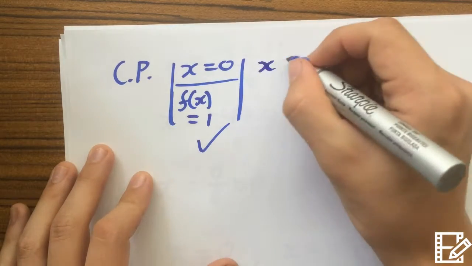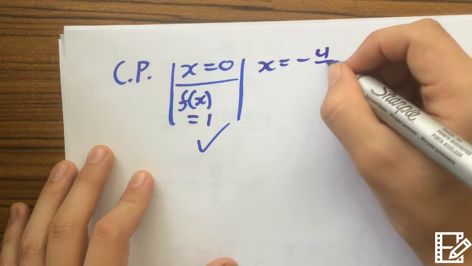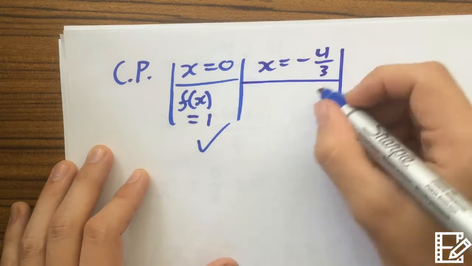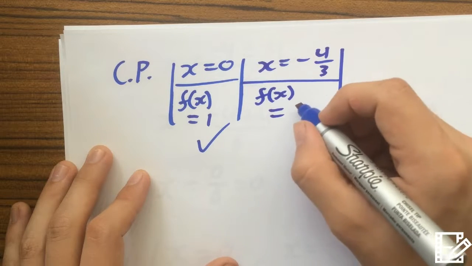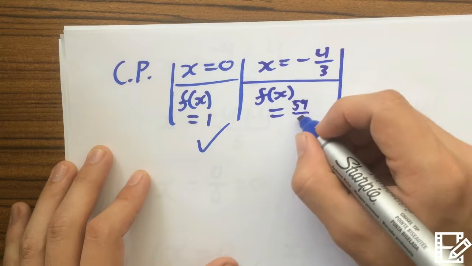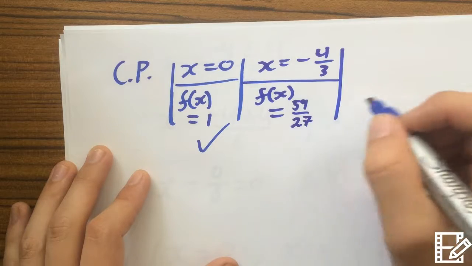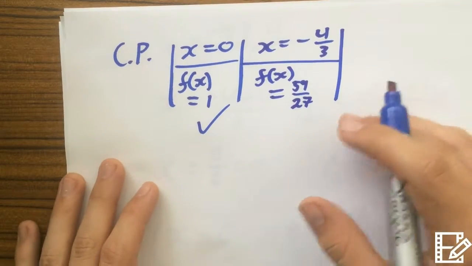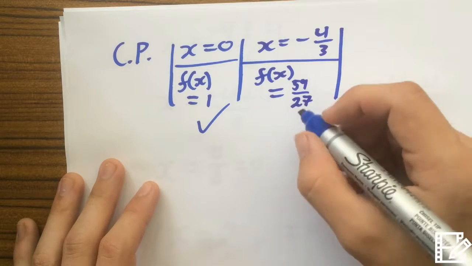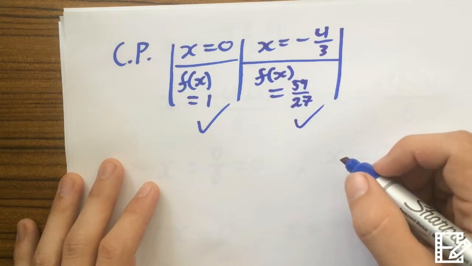Anyway, so our second x value was negative 4 on 3. We sub that into the original function, and it spits out 59 on 27, which is roughly around 2.2 or so. Okay, but it spit out a number. Therefore, that's a tick.